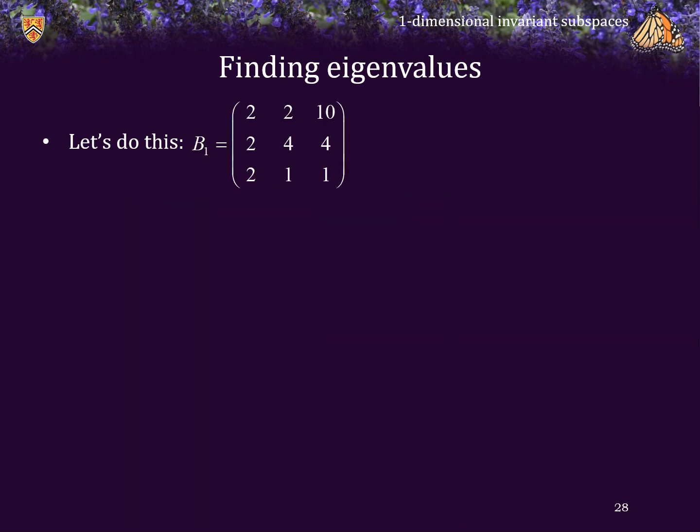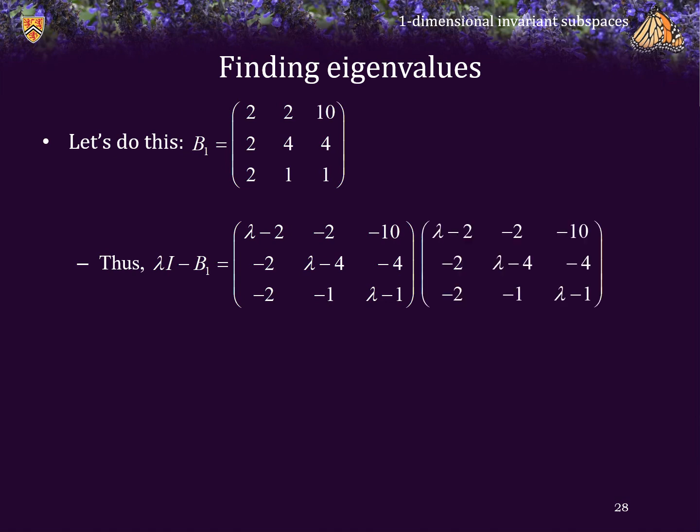Now, let's find the eigenvalues of this 3 by 3 matrix. This is the most you will ever have to do in this course. Now, lambda times the 3 by 3 identity matrix minus this matrix gives us this matrix here. Now, you will recall calculating the determinant of a 3 by 3 matrix may be done as follows.